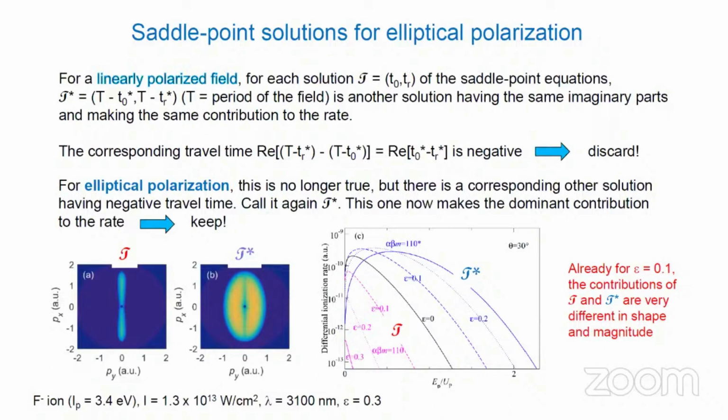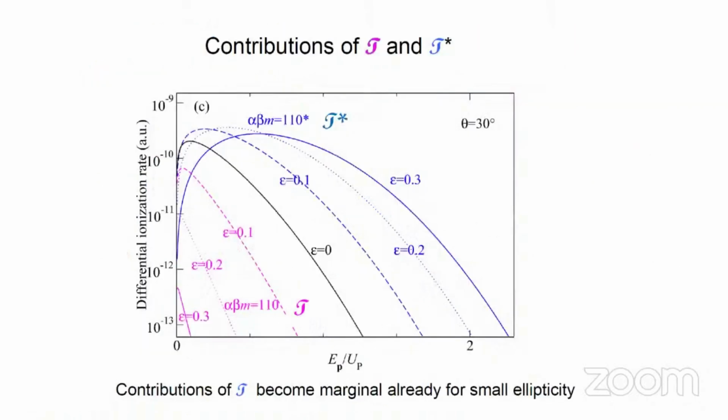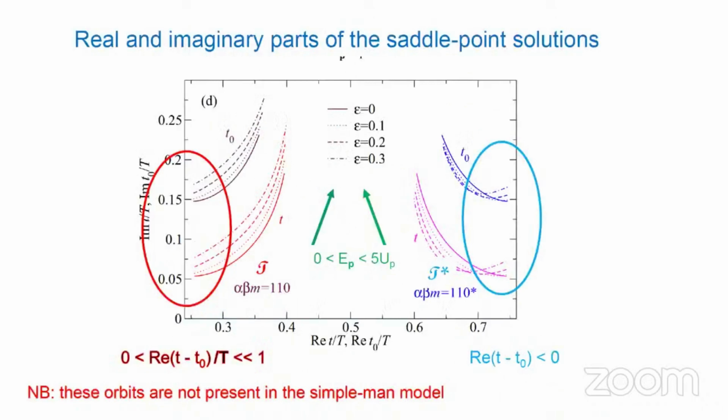Okay, these solutions are complex and they have large imaginary parts, which means that considering the real parts and interpreting them physically becomes more and more questionable. So here, this is again, I showed you this already. And here I plotted the real and imaginary parts of the saddle point solutions.